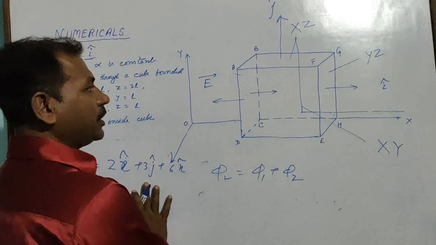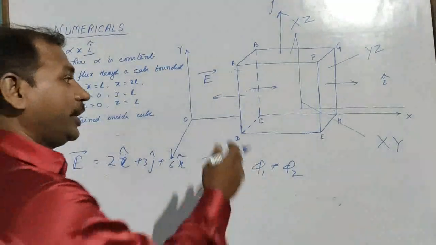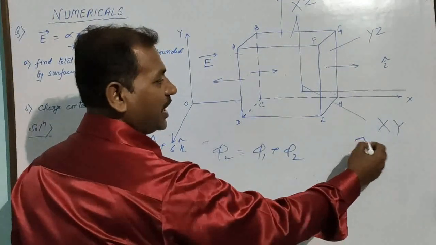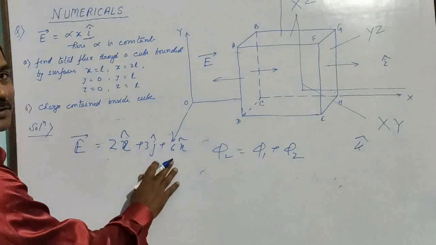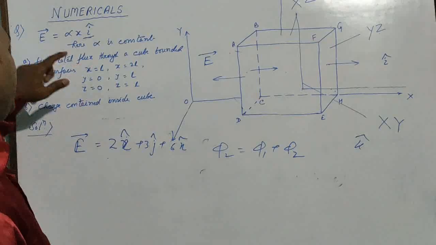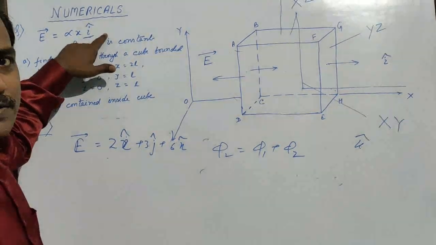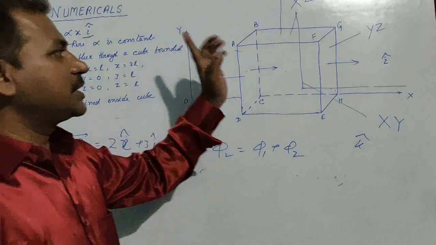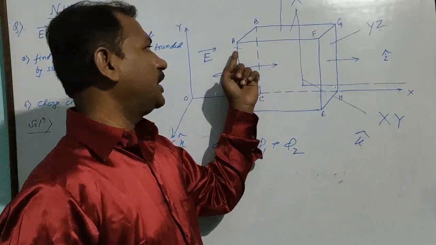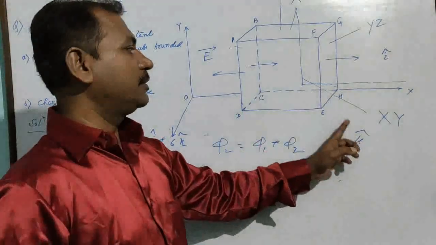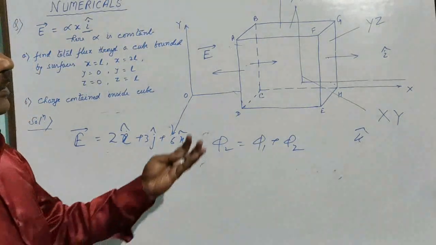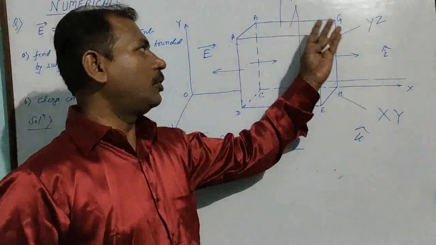Similarly, in this particular question, flux will come out through the xy plane also, because the xy plane will have its vector along k cap and the component is here. So it is very simple to calculate, but remember that if the field intensity is given only along the x-axis, then you can find out the flux only through this particular portion yz and this yz, not along xz and xy. But if the field intensity is given along all the three axes, you have the flux through all the three different types.